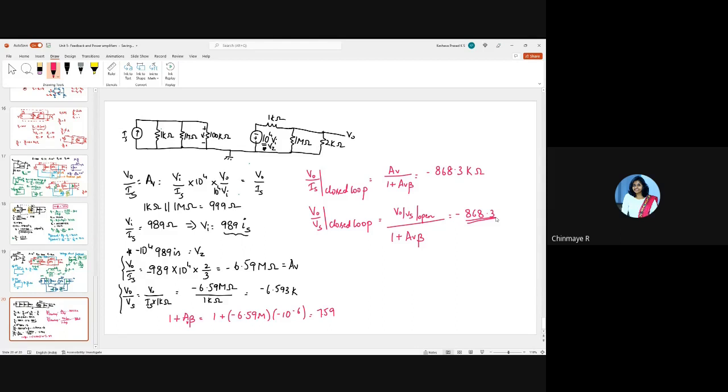So our calculations, this is just a cross check, right? Is this clear to all of you? I just calculated this voltage gain V naught by Vs because we have been doing this since our op-amps.